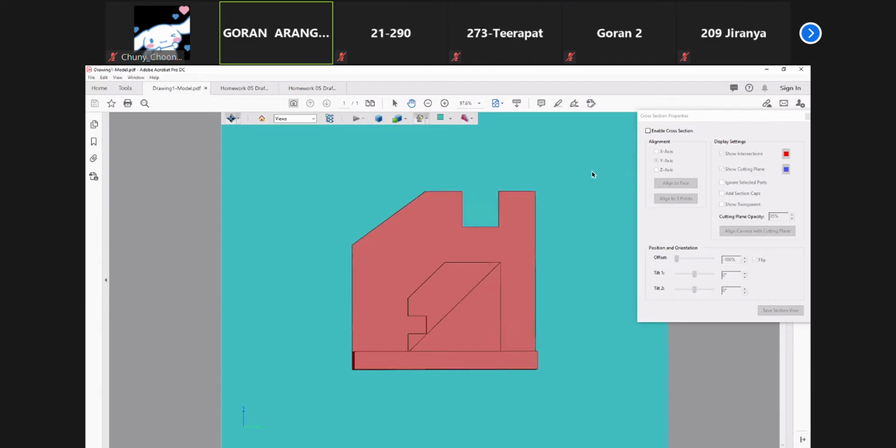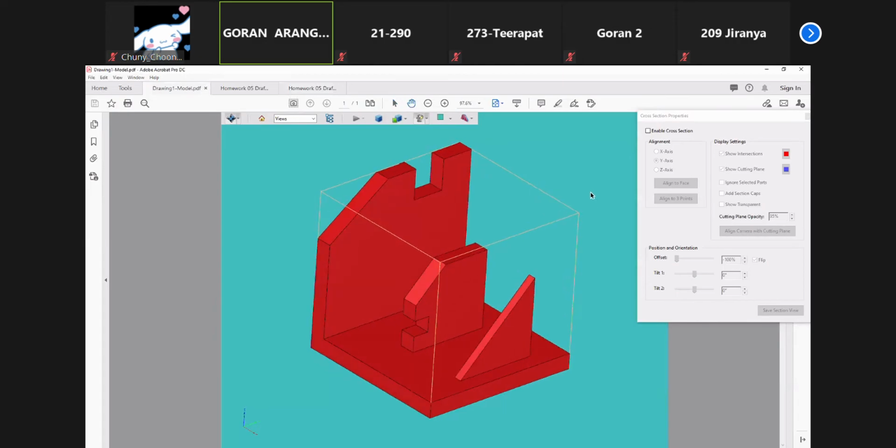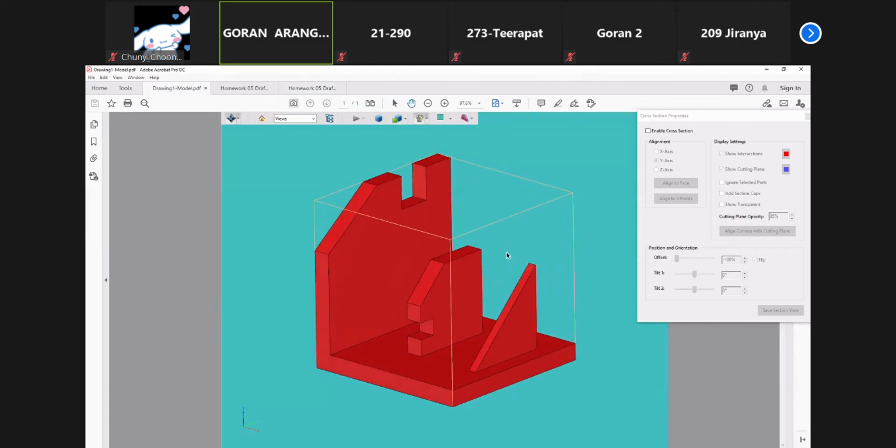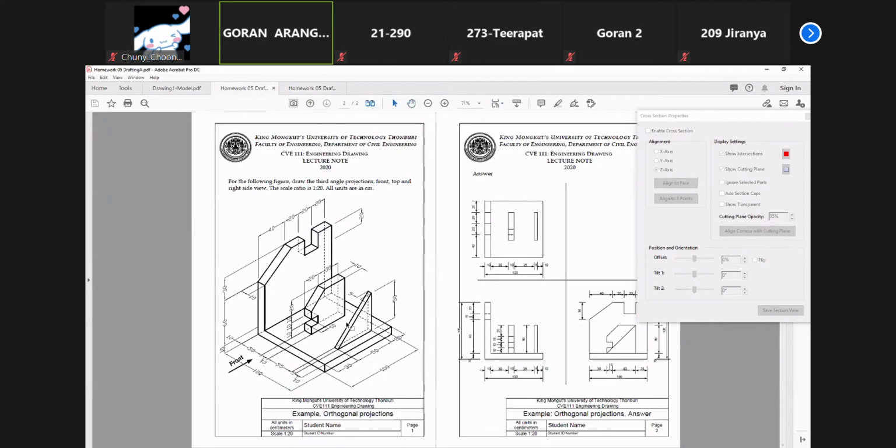So this is the example of the 3D of the example homework. So this is the one that is the isometric as given in the example.